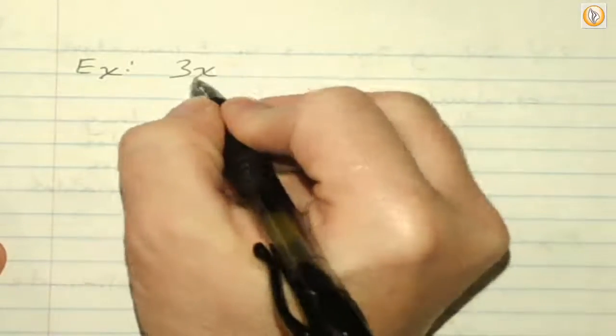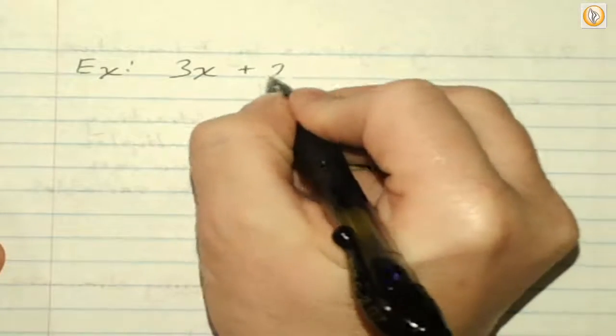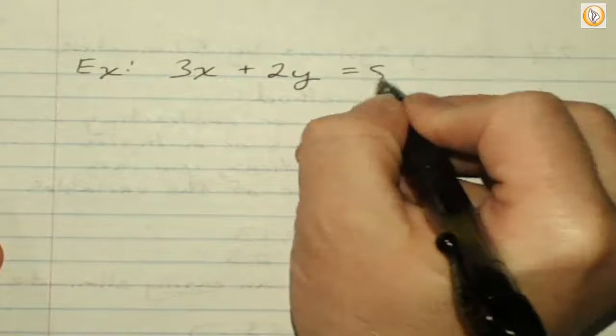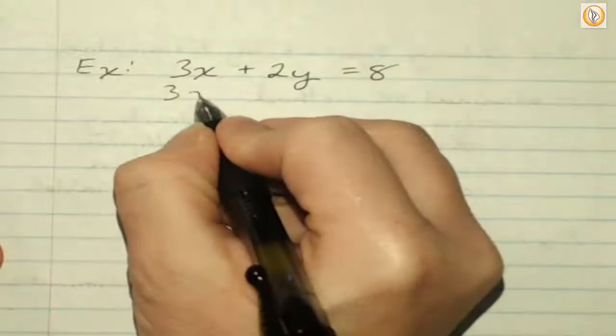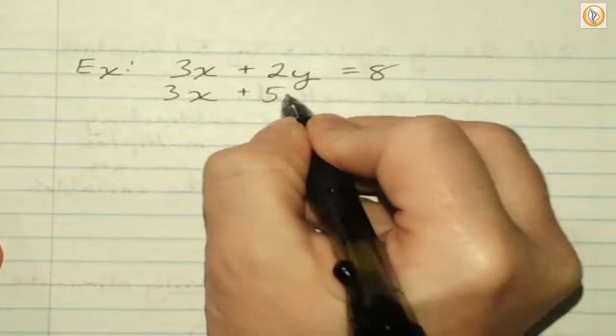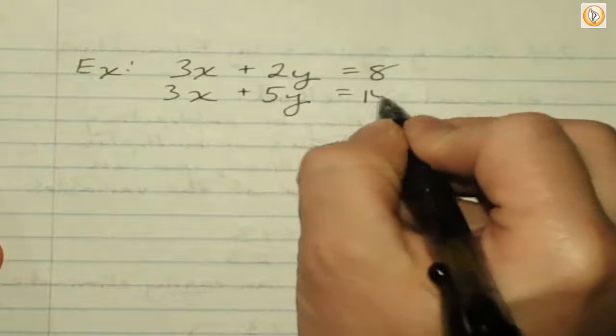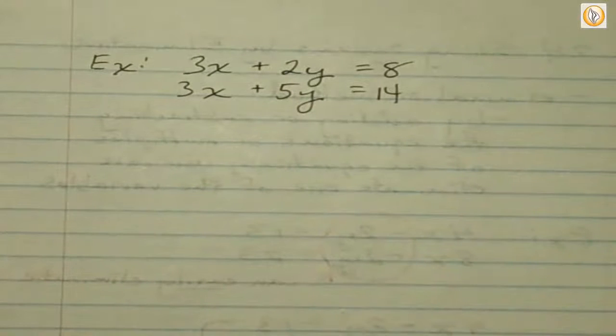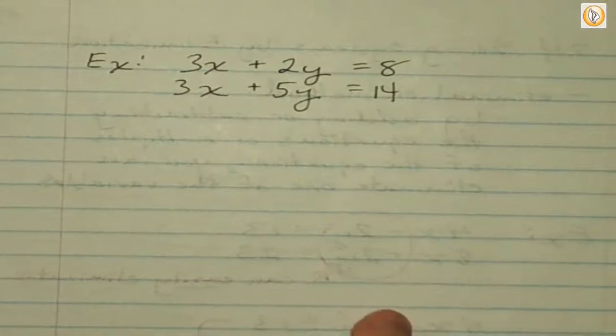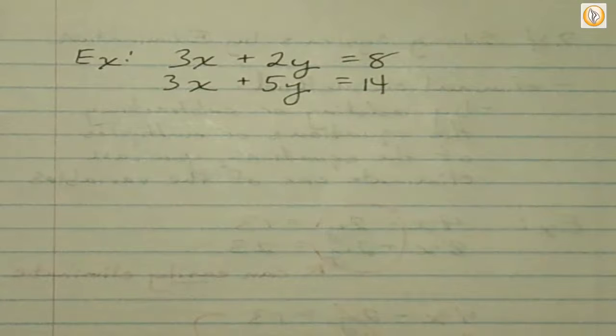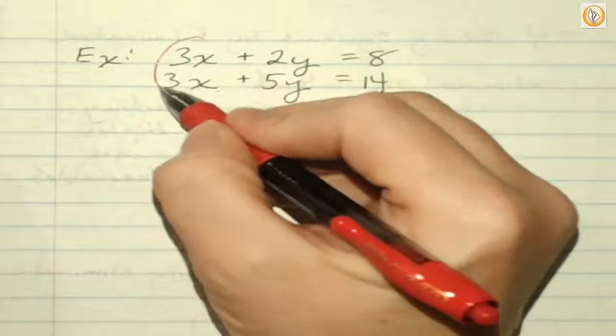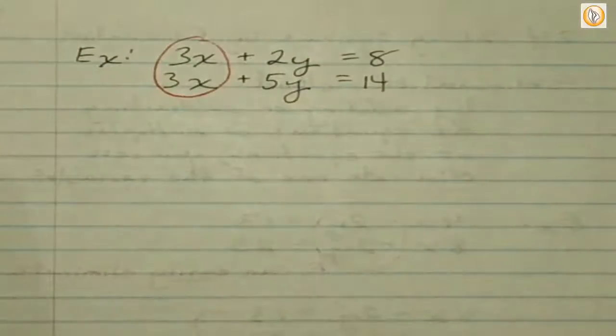What if they gave us 3x plus 2y equals 8 and 3x plus 5y equals 14? Okay, so unlike the last example we did, they didn't give us anything that's obvious to eliminate, okay? But you see right here, a 3x and a 3x.